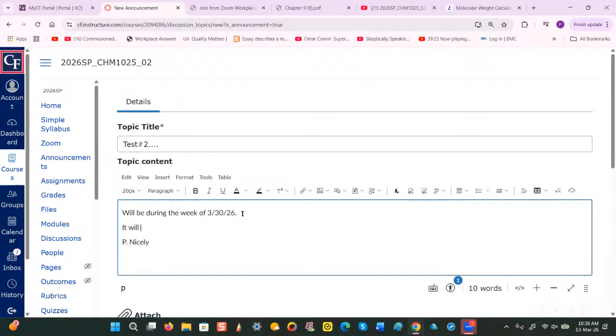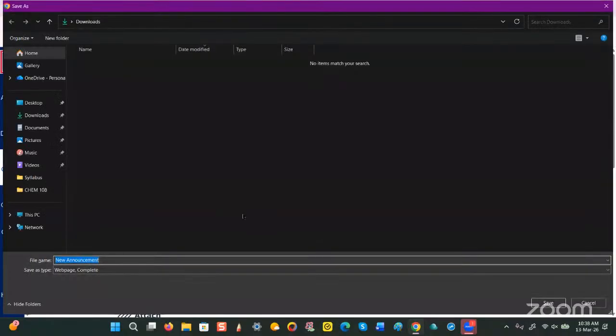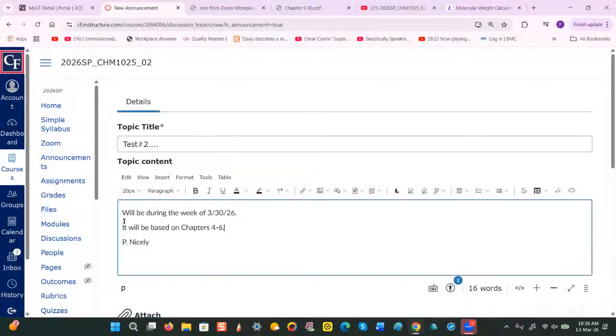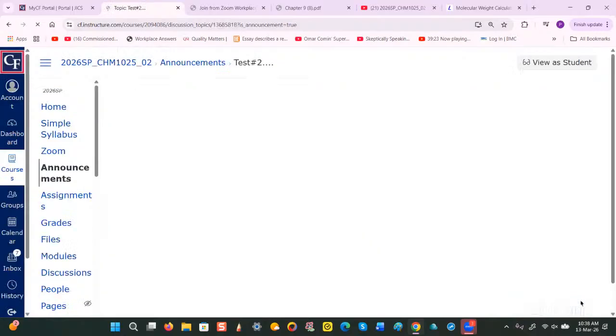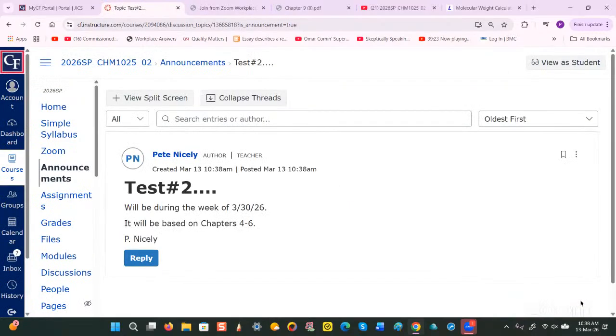It will be based on chapters 4 through 6, which means that I have to hurry up and grade your assignments and then I'll send them back to you. That will happen over the break. So that's it. Test number 2 during the week of March 30 to the end of that week. And it will be based on chapters 4 through 6.